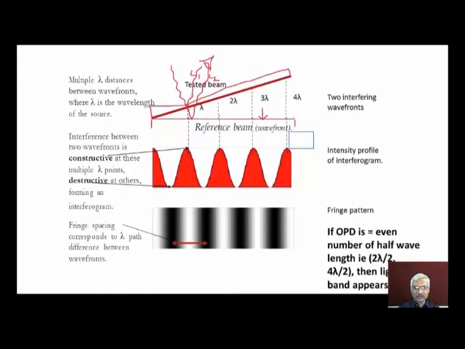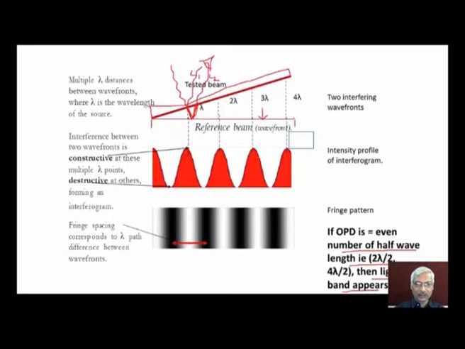The L1 distance is this much, whereas the reflected light L2 will have an additional length of this. So this is the path difference. If the optical path difference is equal to an even number of half wavelengths, that is 2λ by 2 or 4λ by 2 or 6λ by 2, like this, then we get a bright band.